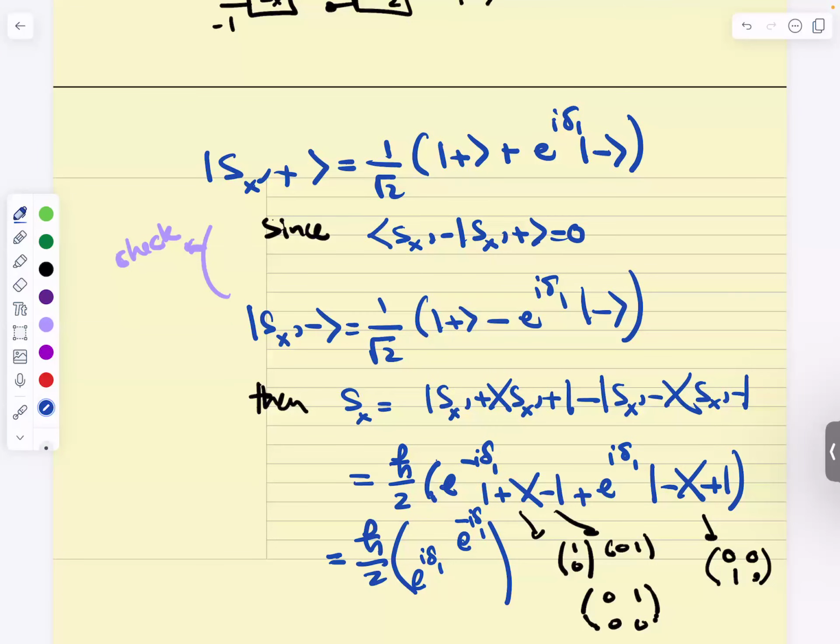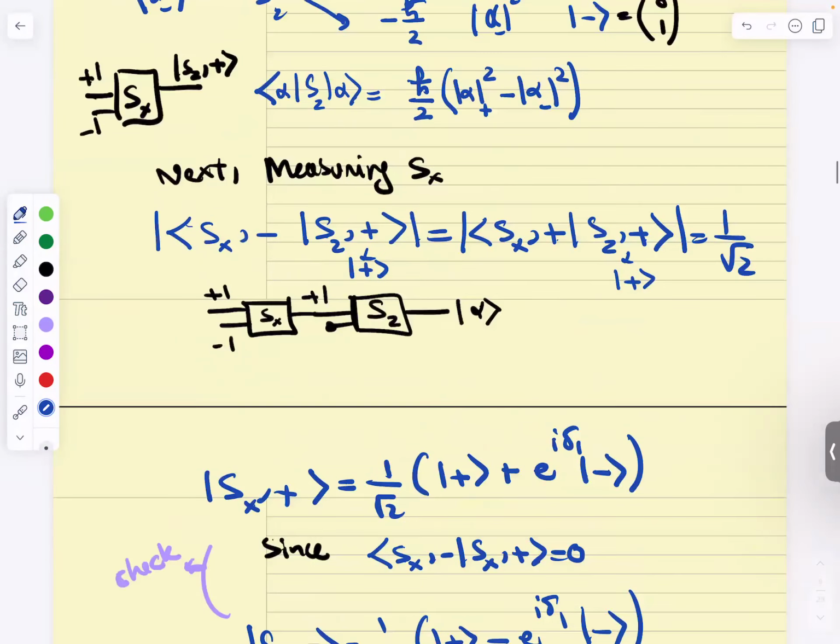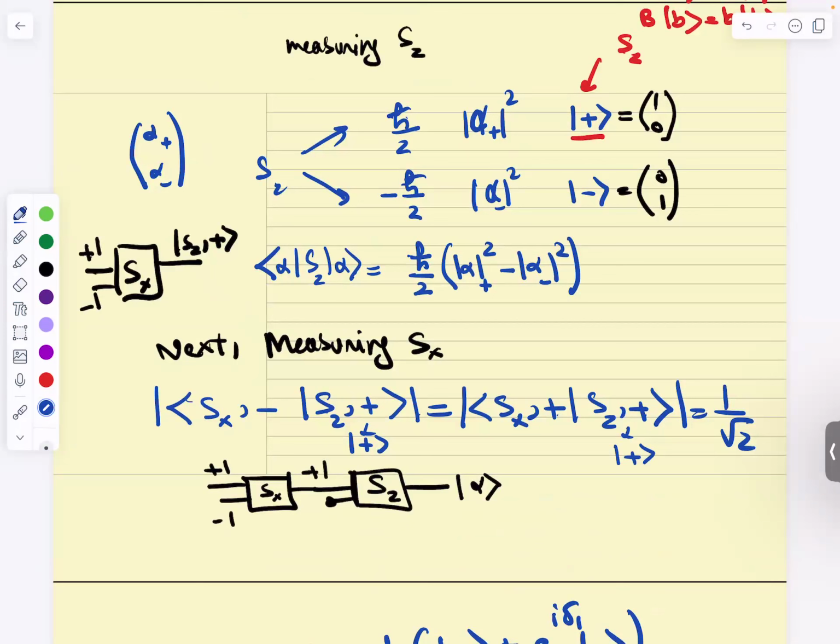I have a question. Yes. If you go back to the previous slide where you're measuring Sx, this to me looks like you're finding a probability, but there's no square. Or is this the absolute expectation value?